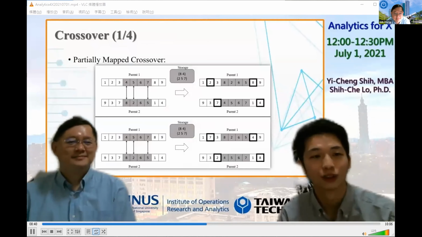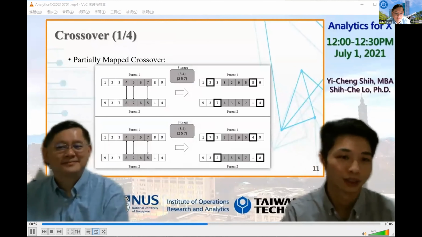And then I will introduce the 4 different kinds of crossover method in detail.